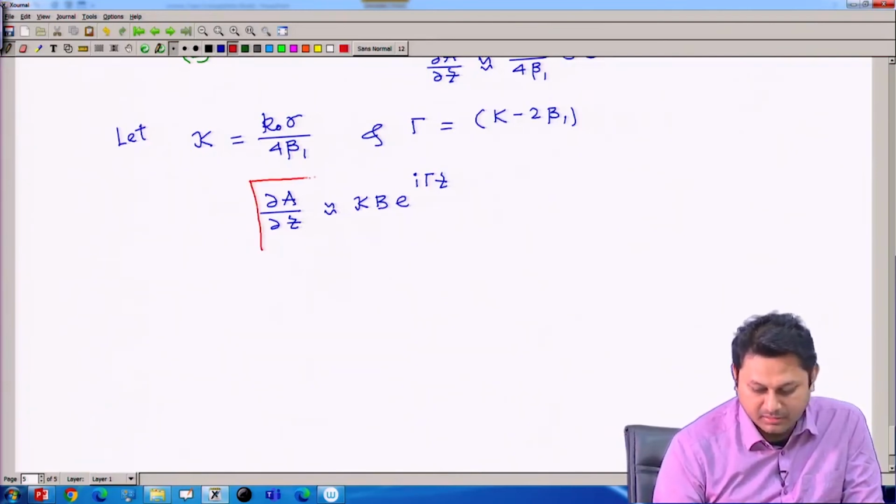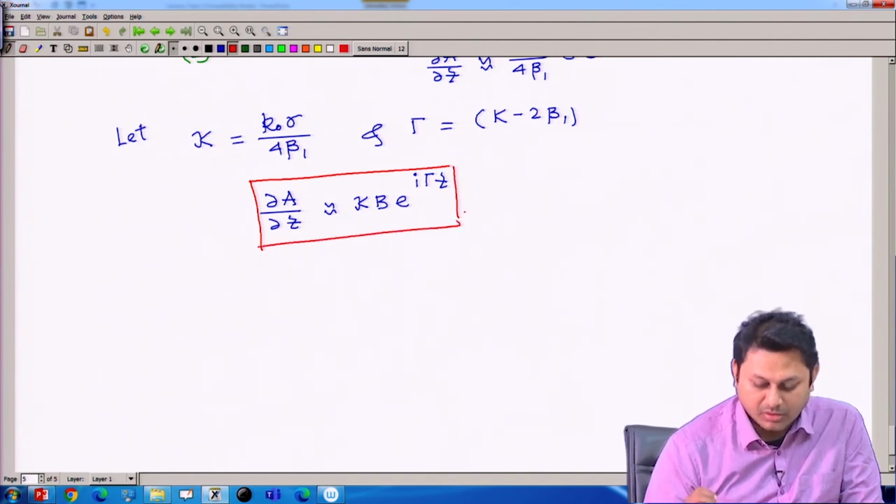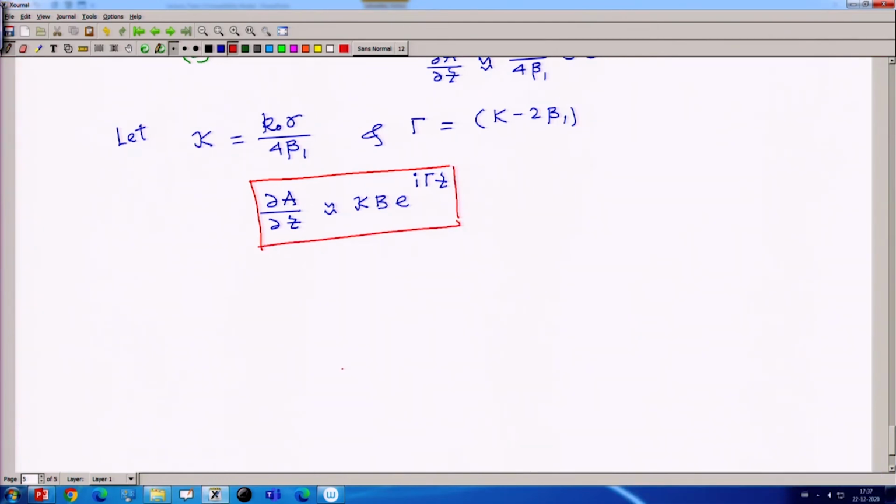I am having the expression of the variation of the amplitude of the forward propagating wave.